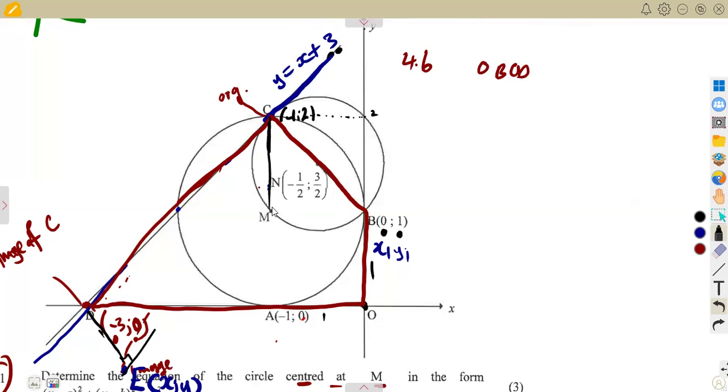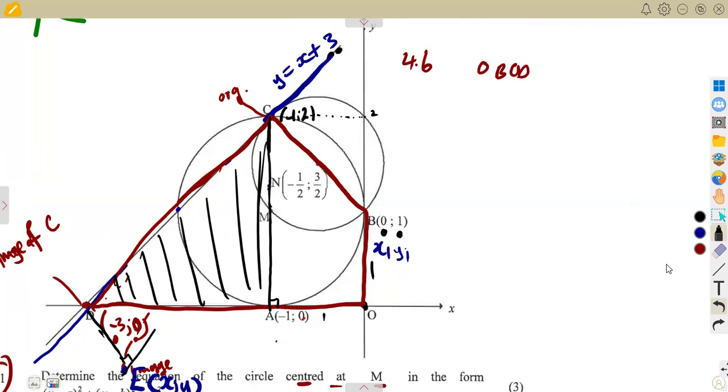Remember I said this line is a vertical line and we agree that it is at 90 degrees, where x is -1. So from A to C to D, this is a right-angled triangle.